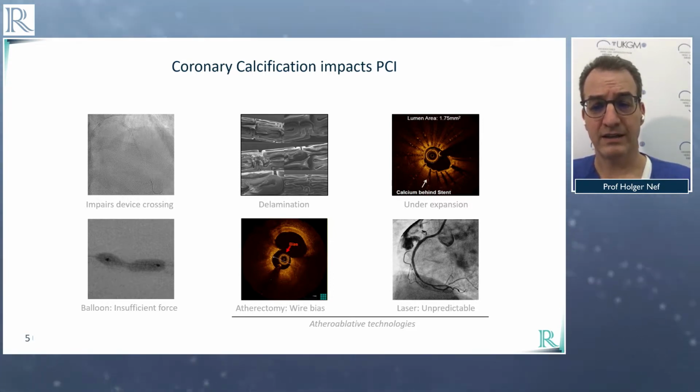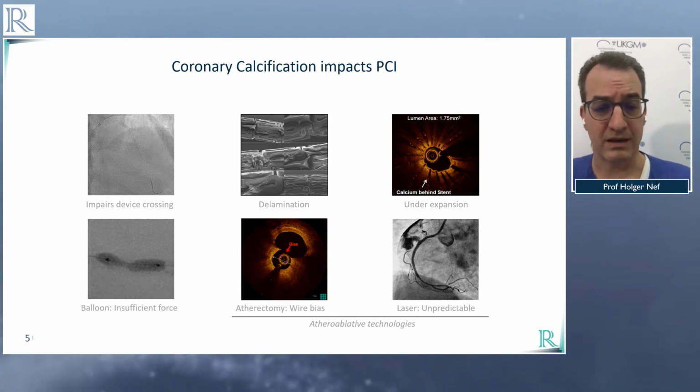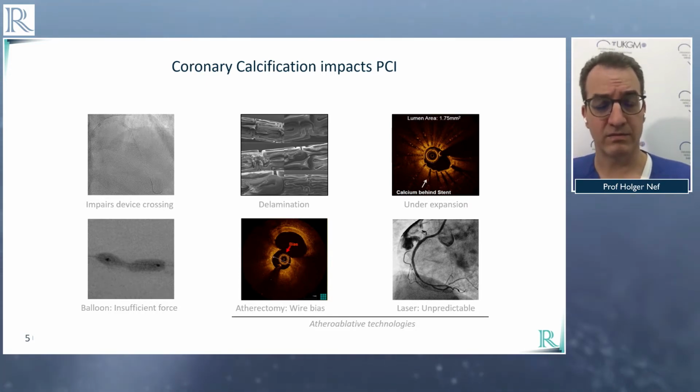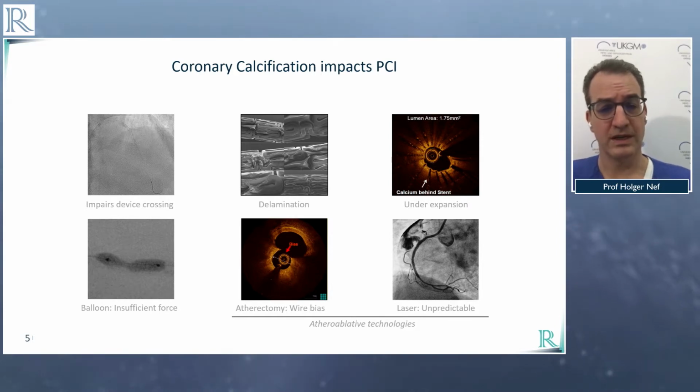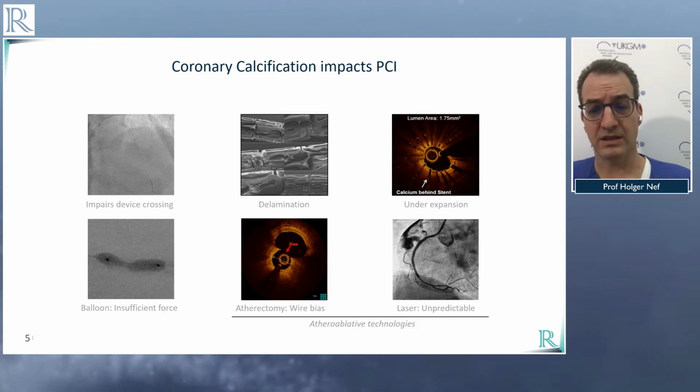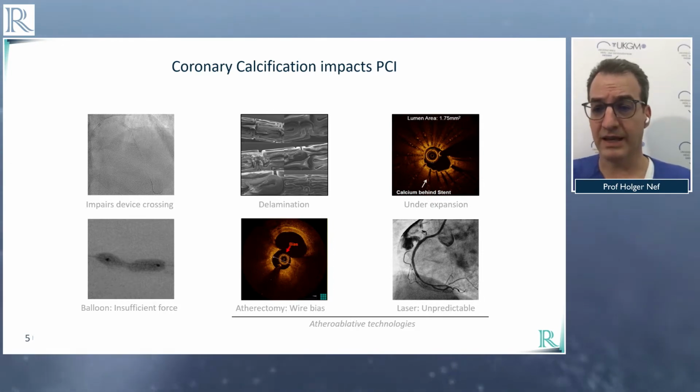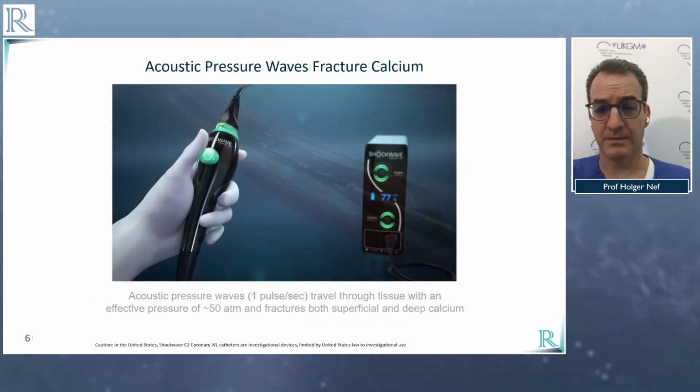And finally, the current technologies are limited in their ability to treat calcium, like the debulking devices, which is rotational ablation, or the orbital atherectomy. So we have this kind of wire bias, and of course we can also have some unpredictable complications if you think about the laser treatment.